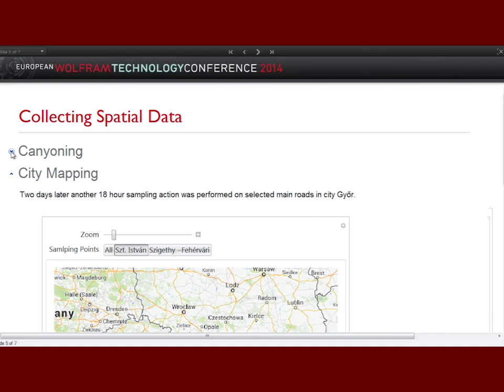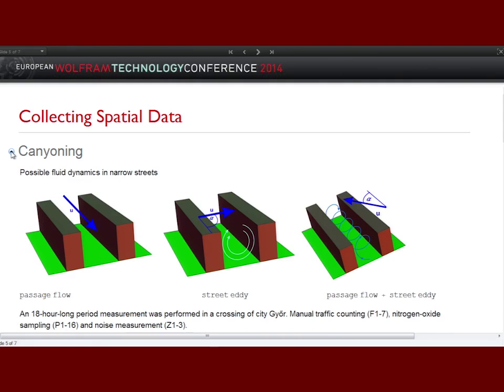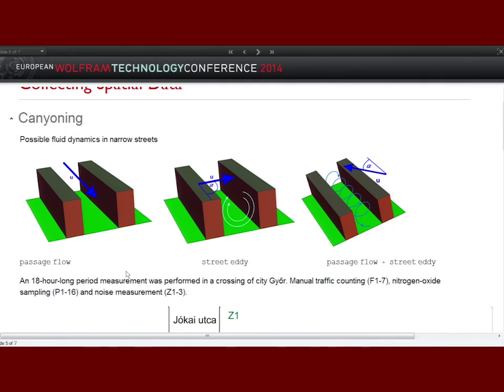We were thinking about two scales. One scale, the smallest scale, is one section of the street or just one crossing. It's called canyoning. Canyoning is a hot topic in air pollution science now. What is it about?